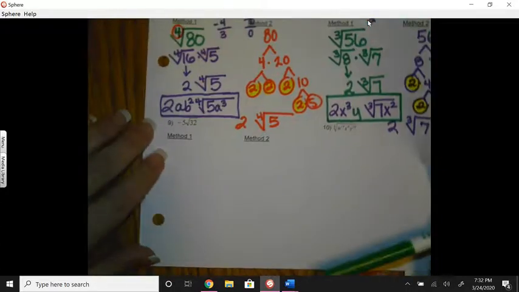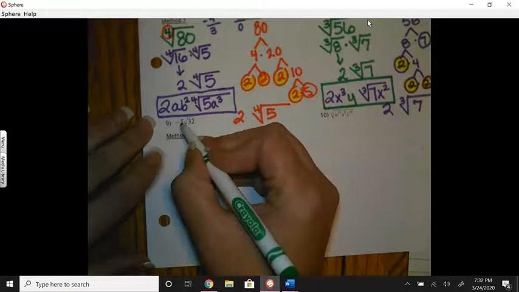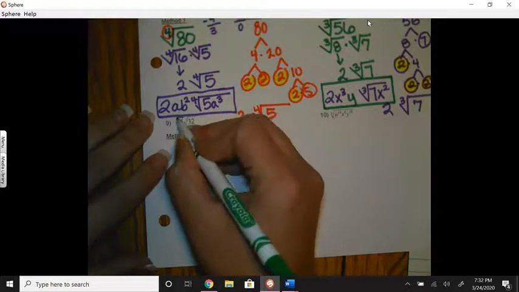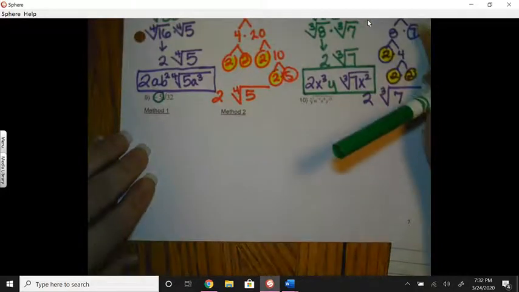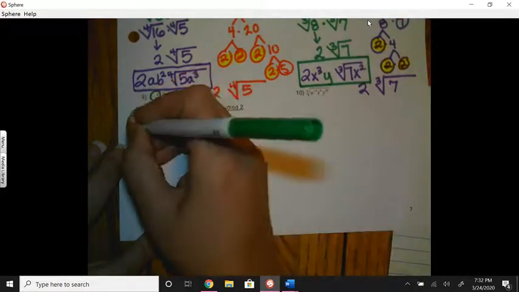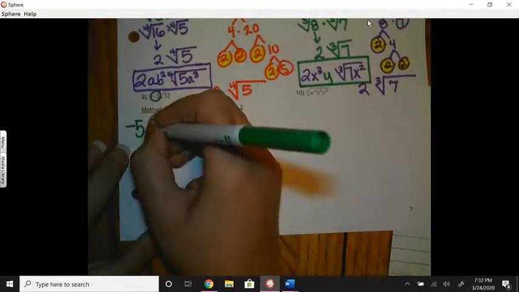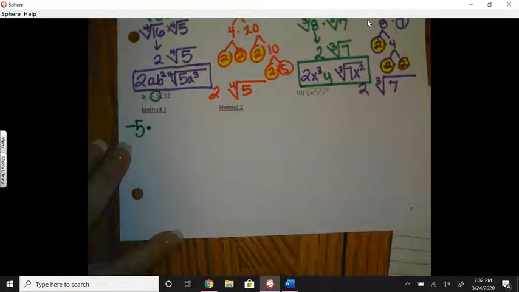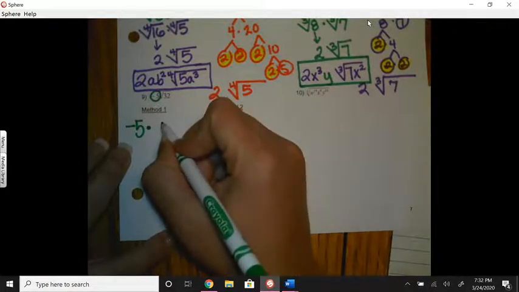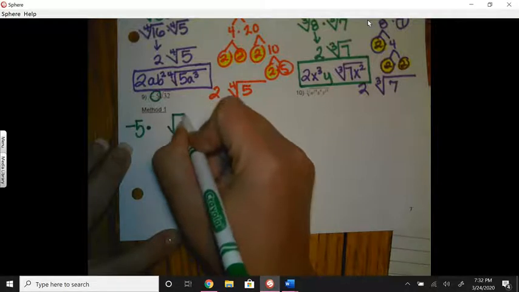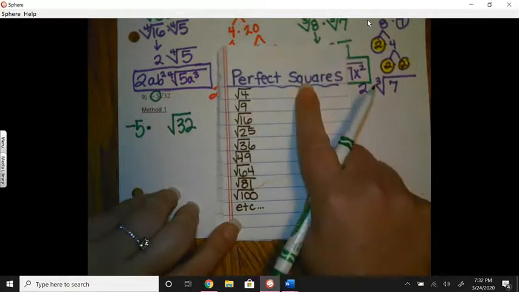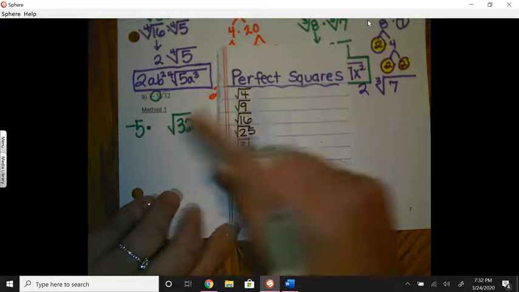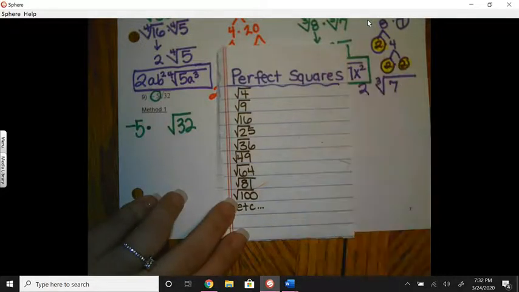Okay, let's take a look at number 9. Notice in this problem we have a -5 already there that needs to be multiplied. I want to make sure that I don't forget that -5 has to be multiplied to whatever answer we have outside the radical. With method 1, we're going to use our perfect square list because the index is 2, and we pick which number on our list goes into 32.